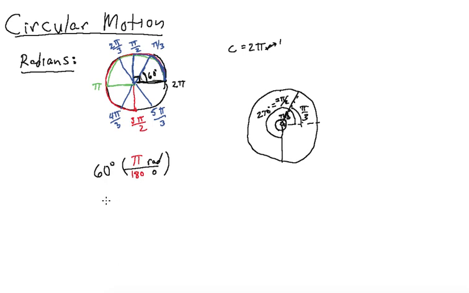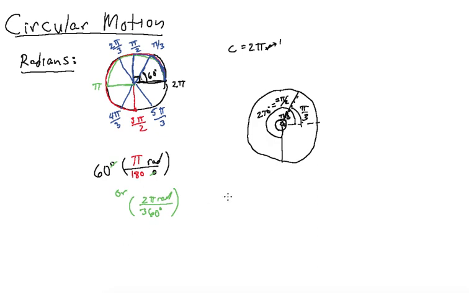Or you could put 2 pi radians over 360 degrees, whatever the equivalent is, and your degrees cancel out, and you'll end up with the same answer either way.